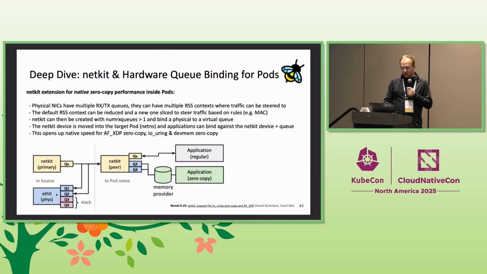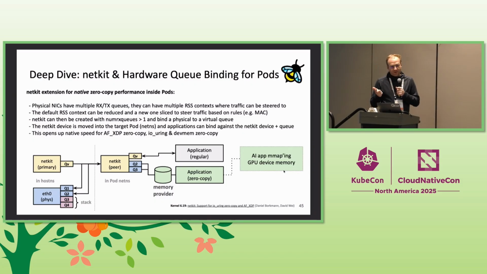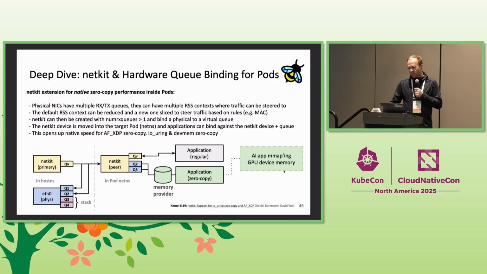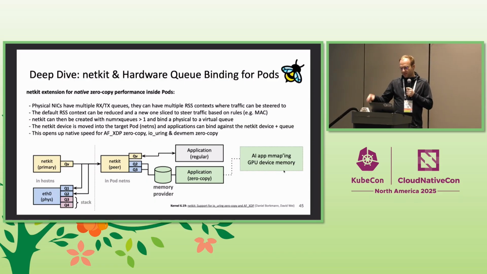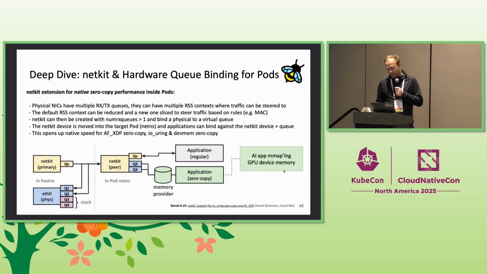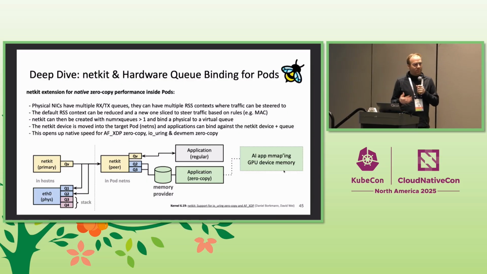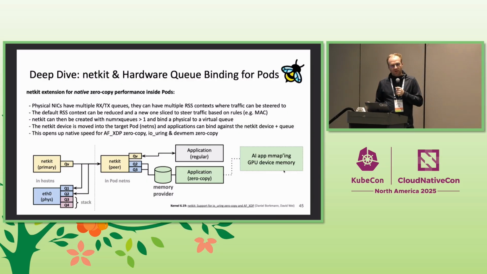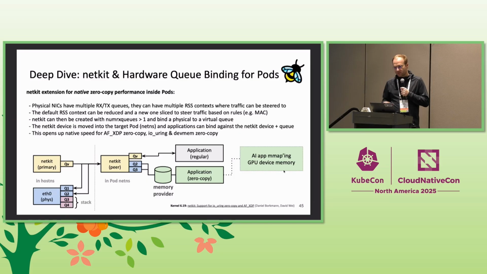You can see here, from the physical device, eth0, we have 2 dedicated queues that we then expose into netkit, and then an application can utilize it. For devmem, the TCP devmem zero copy, if you're familiar with that, it is a technology to map GPU device memory for the network, so it's quite useful for AI workloads.